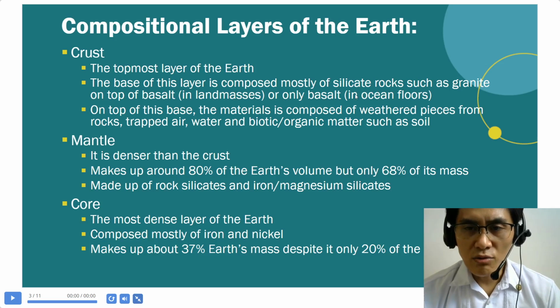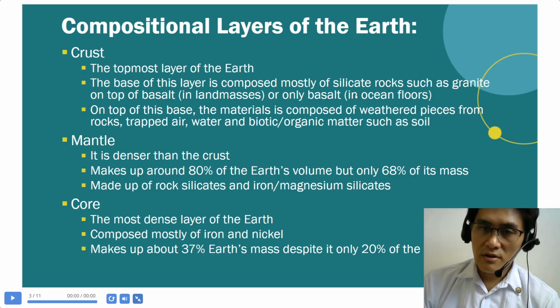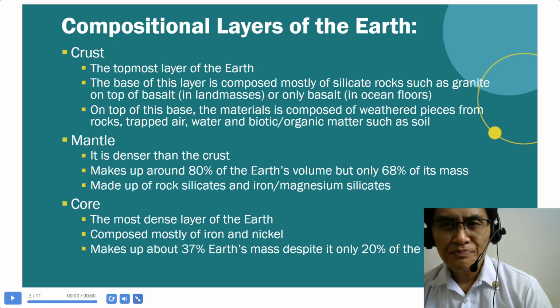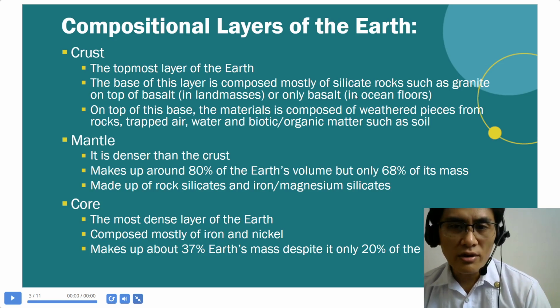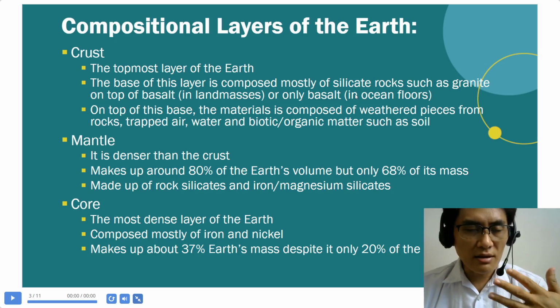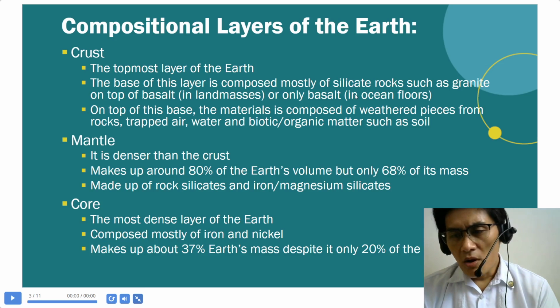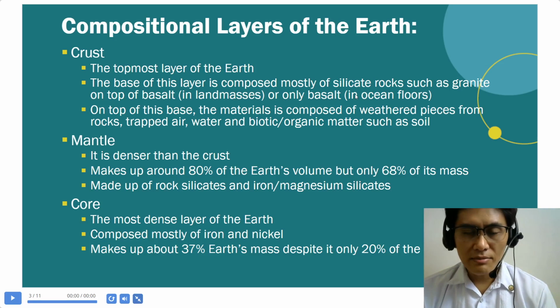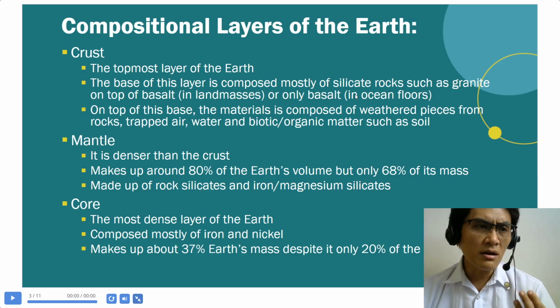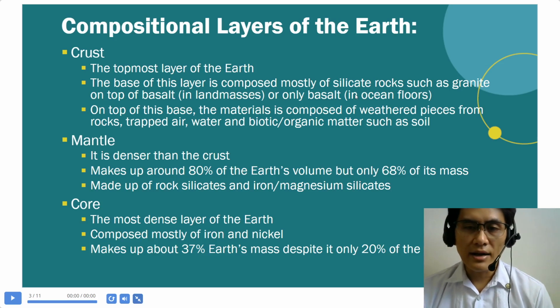Okay? In the ocean floor, you don't see soil, but you can see siltation. So it's similar to soil. It's just that it's not soil because it's not on the surface of the earth exposed to the atmosphere, but it's under water, so you have siltation. But the same thing, you still have organic material such as, again, maybe poop from fishes or decayed organic material.